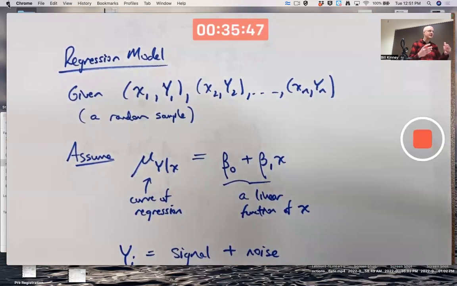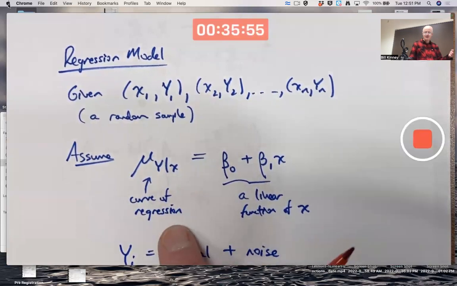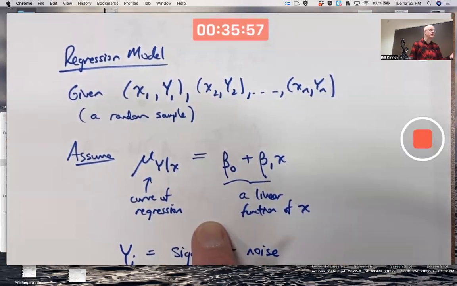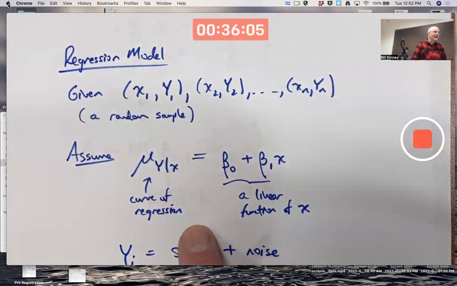That's a fixed deterministic relationship by definition. But in most real life situations where you're gathering data, probably never has the curve of regression been exactly linear. But we're going ahead and assuming it anyway.